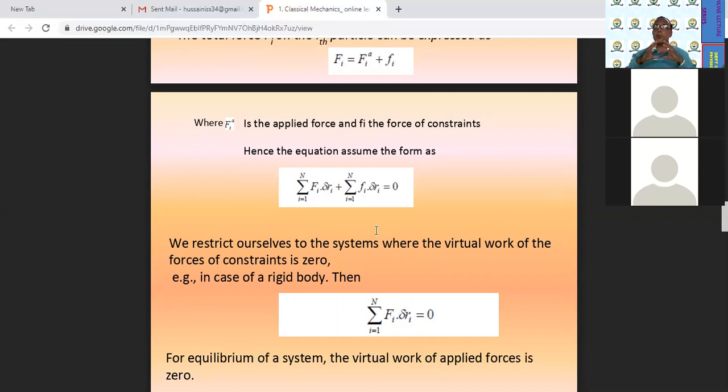At that time the total force on the ith particle is equal to 0, and therefore the work done by the ith particle is equal to 0. Therefore total work done by the particles when the system is in equilibrium is found to be equal to 0, and the total force acting on the particle consists of two forces. One is the applied force, and another is the force of constraint.